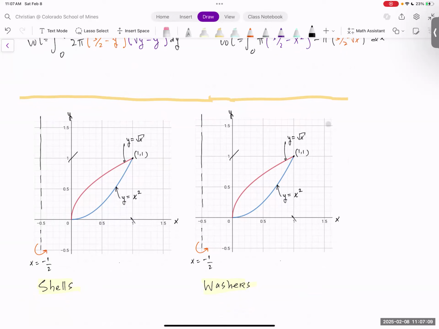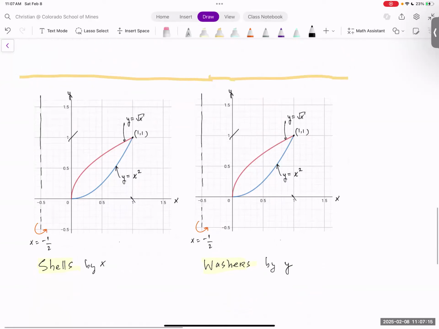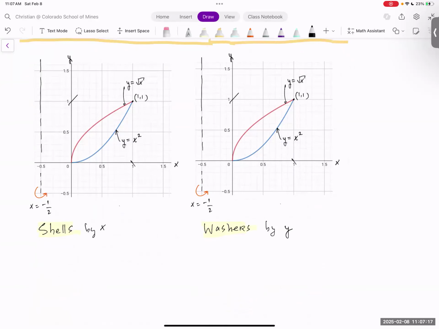Let's think. Okay, so we're rotating vertical. Shells will be by x, washers will be by y, and shells volume by x. The x bounds are 0 to 1. Washers x bounds 0 to 1. And we need pi big R squared minus pi little r squared dy.